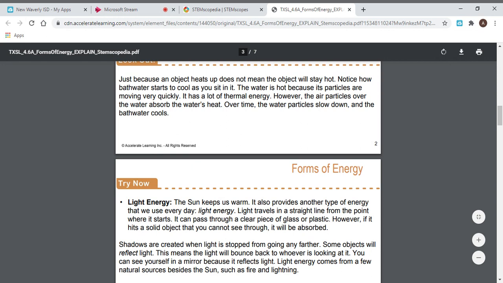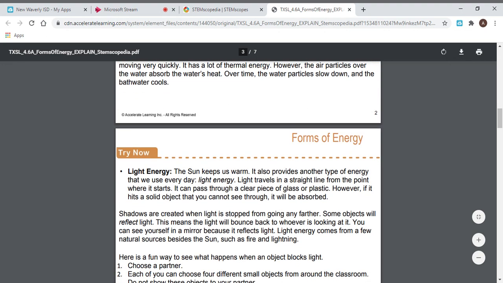Over time, the water particles slow down and the bathwater cools. So we can see that this happens with different things, like taking items out of the oven and trying to have them cool down before you eat them. So you are taking away the heat that they have, and the air particles coming through make sure that it does cool down.